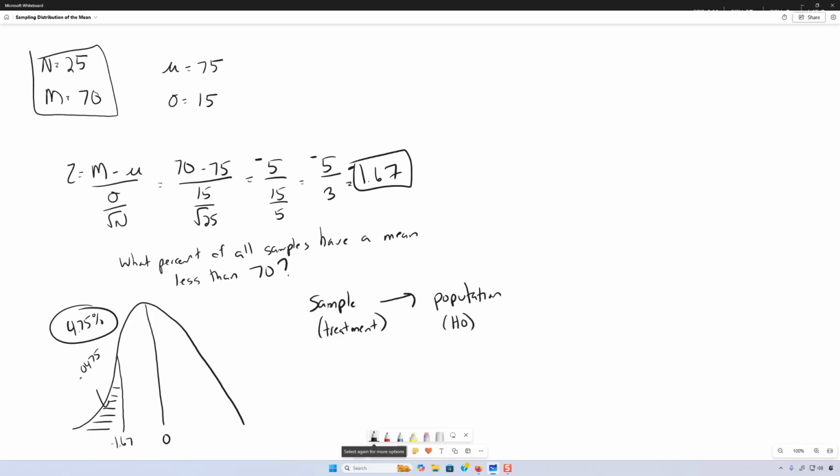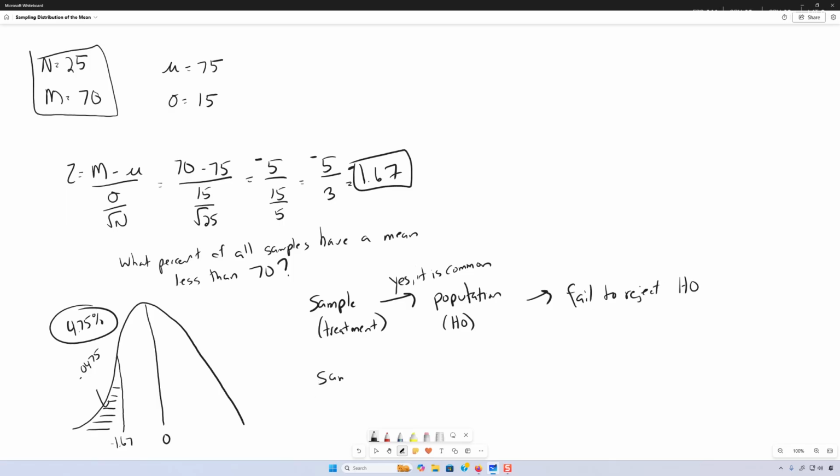So is our sample that undergoes a treatment typical of a sample drawn from a population where the null hypothesis is true, where there's no effect? And if the answer is yes, it is common to the population, then we're going to fail to reject the null hypothesis.